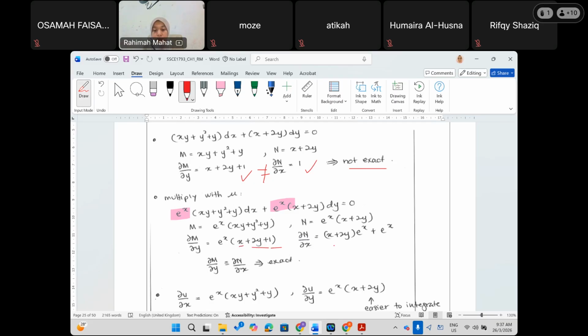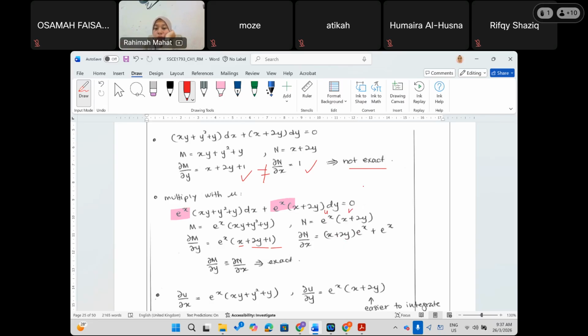Okay. And for this one, similar, you differentiate delta N over delta x. This one is your u, this is your v. This example uses the product rule. So you will get x plus y.